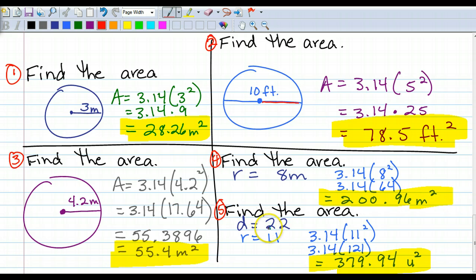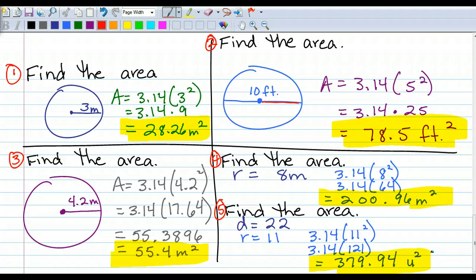Over here, you were given the diameter, but you need the radius, and the radius is 11. 3.14 times 11 squared, 3.14 times 121, and we get 379.94 units squared. Now, I didn't give you anything here to label, so if there isn't anything here, we're just talking about how many squared units. So that's what this U stands for, units squared.